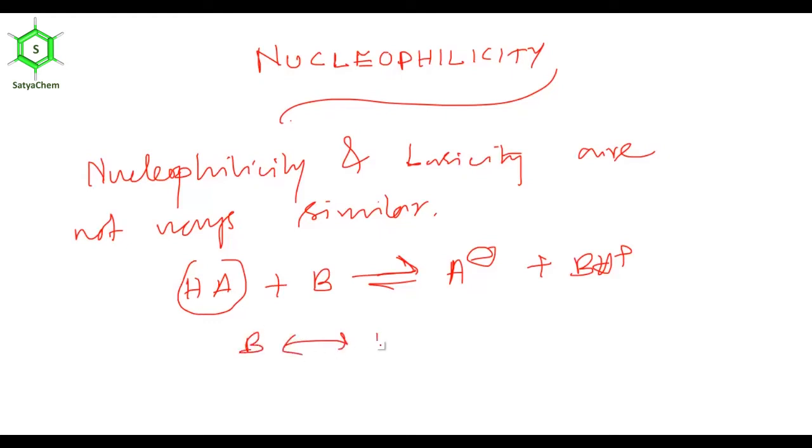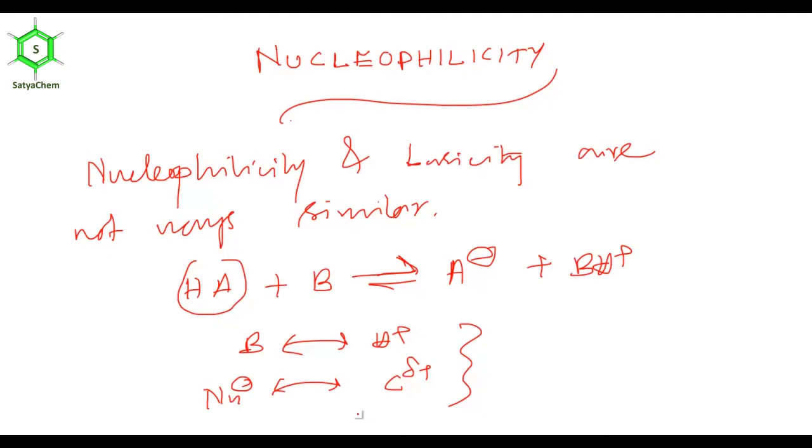A base has a connection with H plus, but a nucleophile has a connection with C delta plus. And another thing, nucleophilicity adheres to reaction rate, meaning reaction kinetics, but basicity has a connection with reaction equilibrium, meaning thermodynamics. Is that clear? So this is the basic difference between basicity and nucleophilicity.